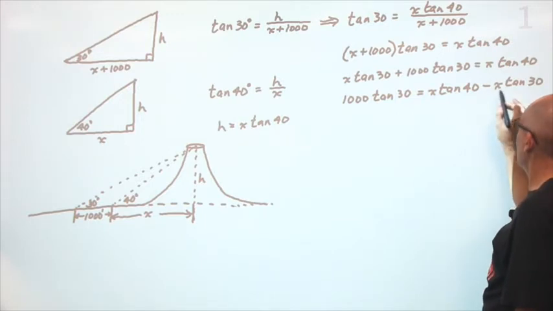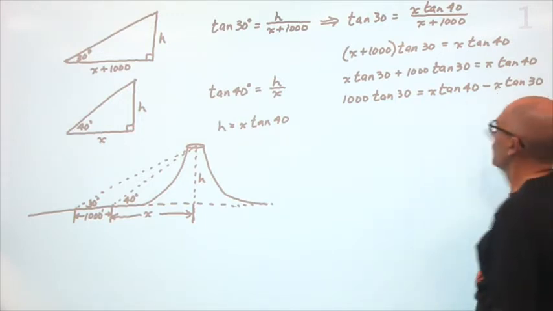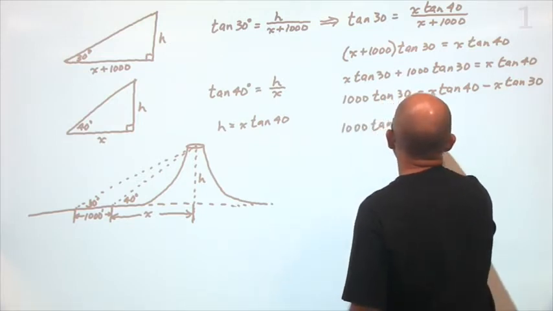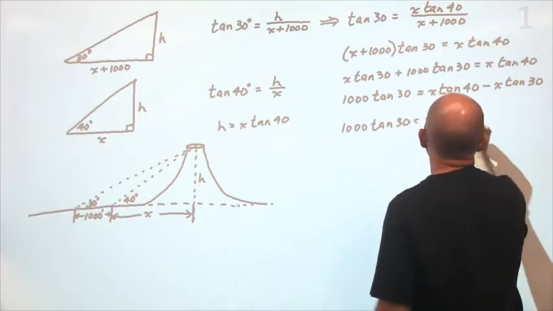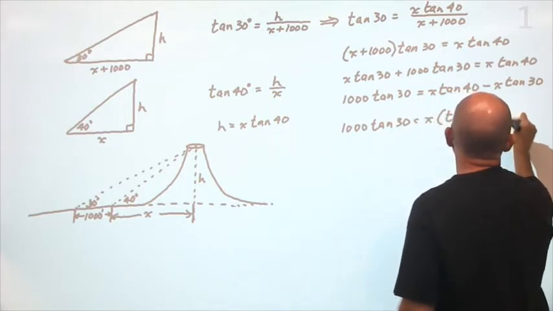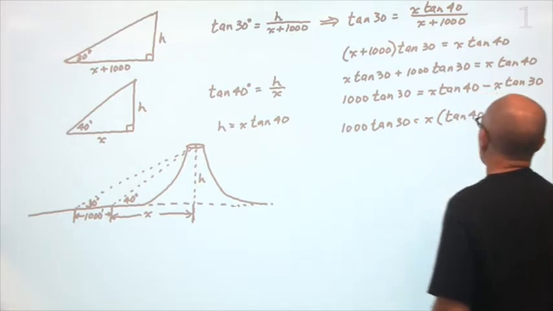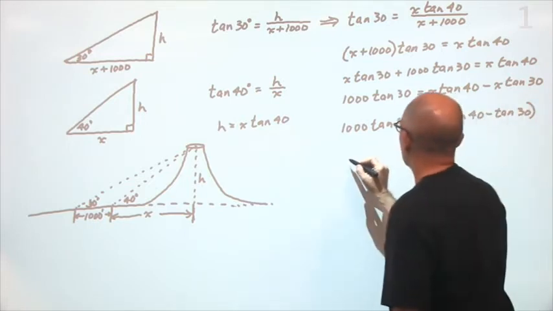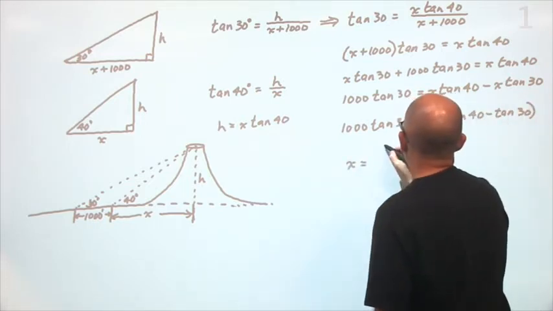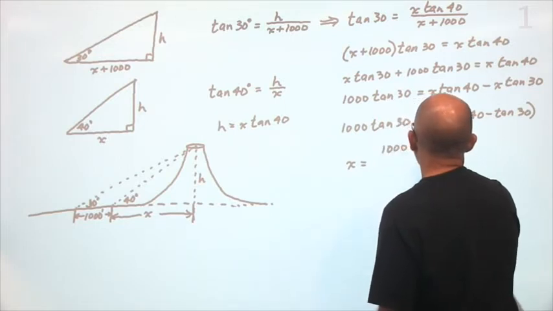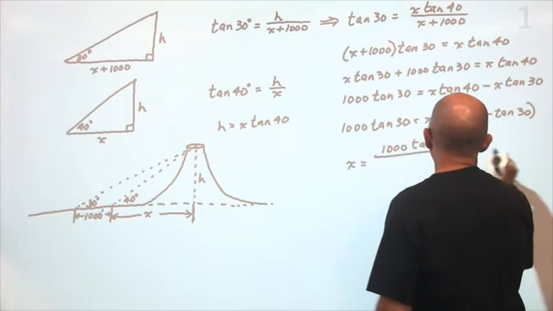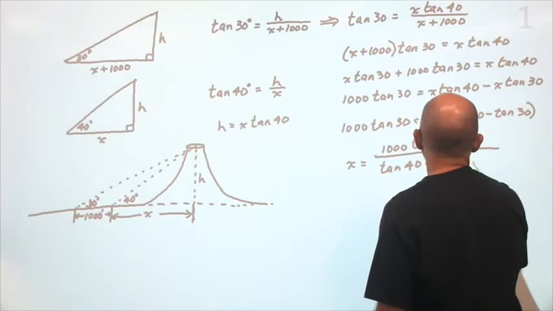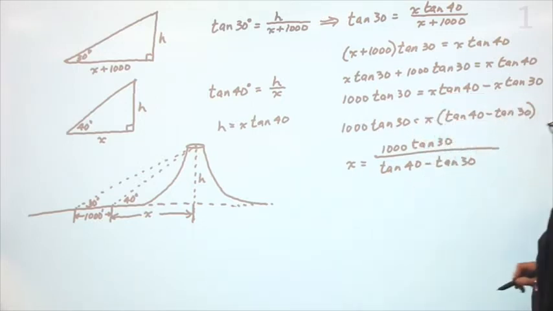Okay, now I'm trying to get x alone, so I'm going to factor out an x on the right. So 1,000 tangent 30 equals x times the quantity tangent 40 minus tangent 30. Okay, now I just divide out the parentheses and I have x alone. So x equals 1,000 tangent 30 over tangent 40 minus tangent 30.